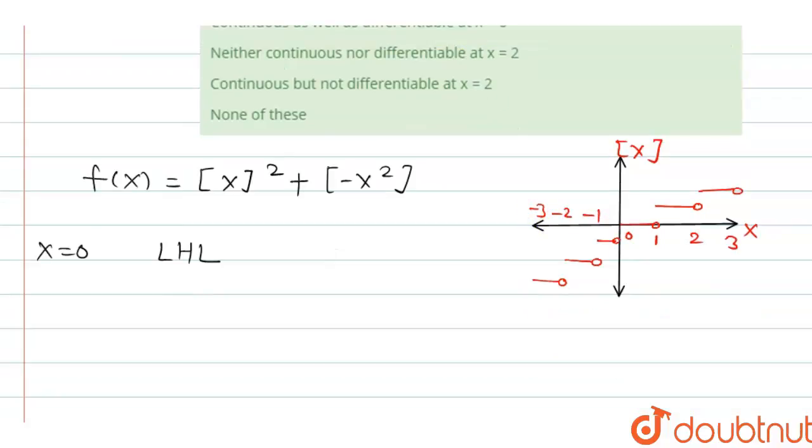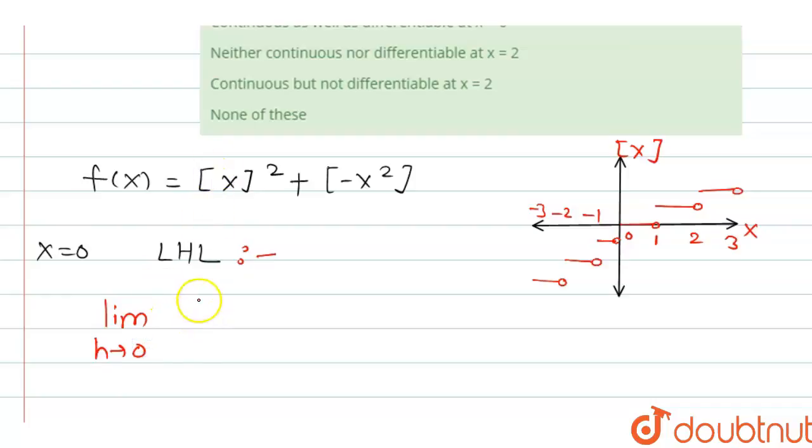So if we take 0 minus h, let us take the left hand limit. For the left hand limit, we replace x with x minus h, so this equals 0 minus h. Let us take the limit as h tends to 0.